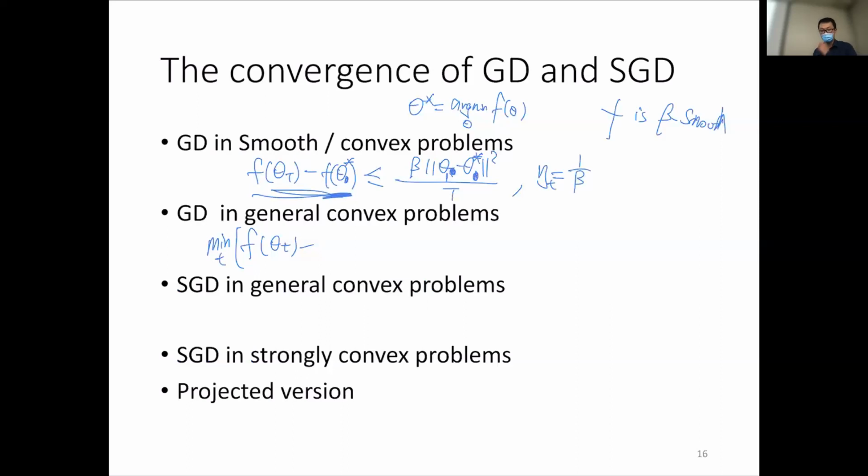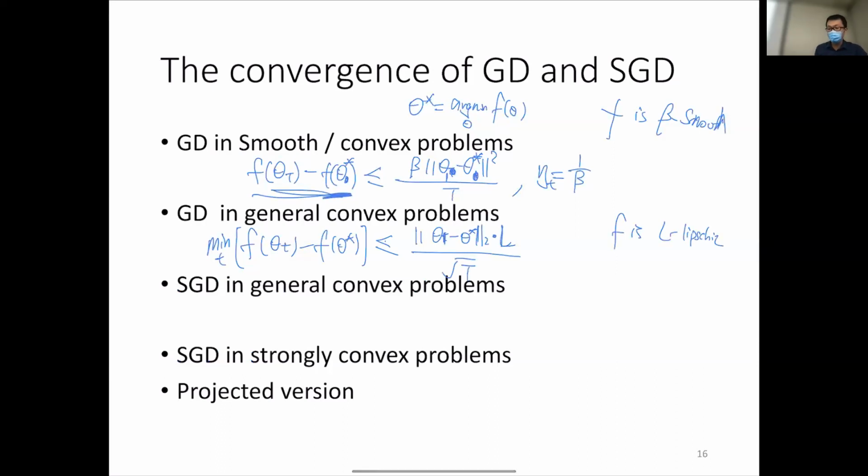Okay, and t is the number of iterations. So for the general convex problem, when we are not making an assumption that f is smooth, but only that f is Lipschitz, then we can show that how far away you are from the optimal solution throughout the iterations is smaller than the norm of theta 1 minus theta star, times L, where f is L-Lipschitz, over square root of t.